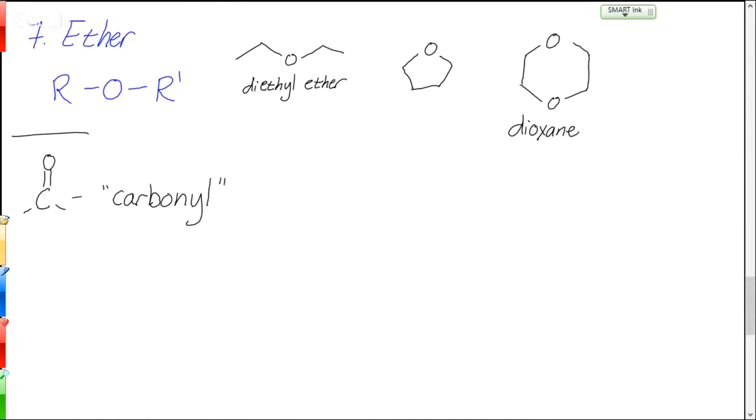And so functional groups were named based on what else is connected to this specific thing. And that's what we're going to look at next. So all the rest of these are carbonyl type functional groups.